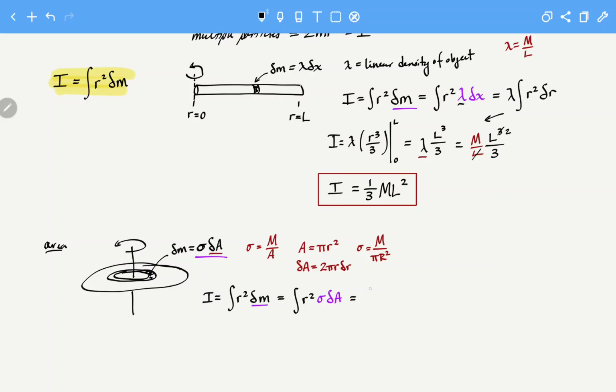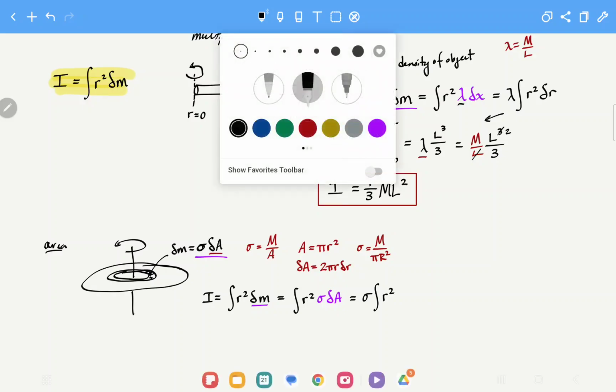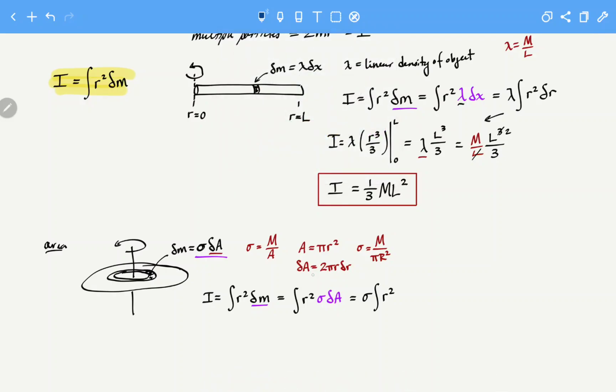Sigma is again a constant, so I'm just going to pull that out. So we have sigma times r squared dA. We know that dA is equal to this, so I'm going to replace dA with 2 pi r dr. Now you can start to see we've got it in r's and dr's.